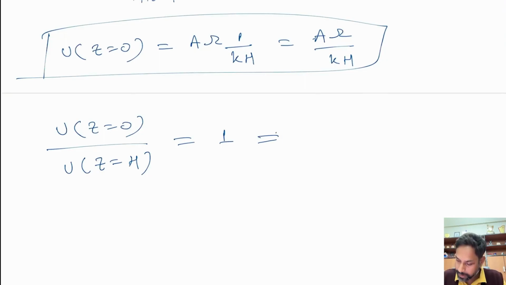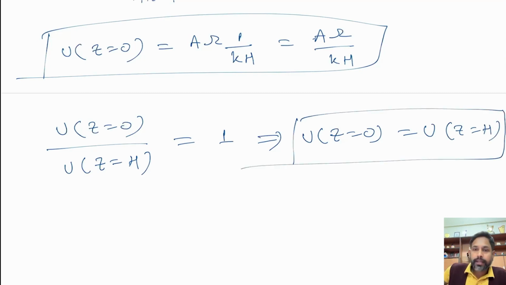That actually means that u at z equal to 0 is equal to u at z equal to capital H. So what it actually means is, the velocity that you have in the wave at the top is the same that is felt at the bottom, right?